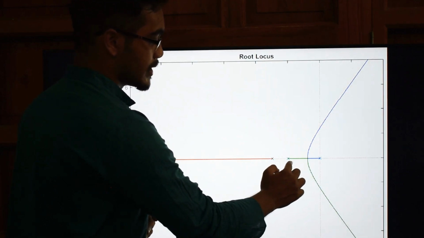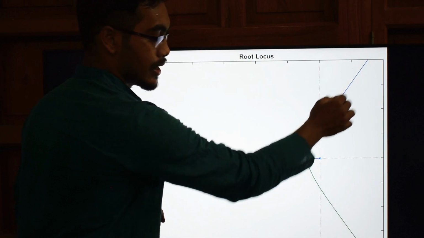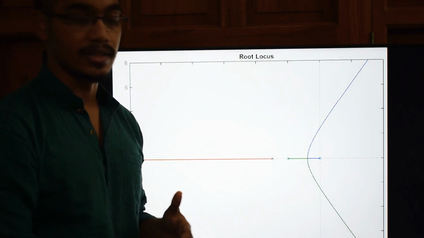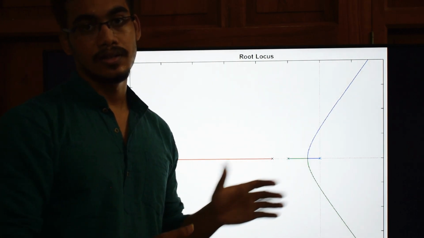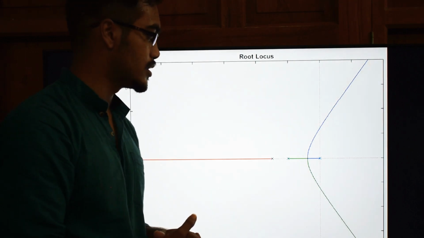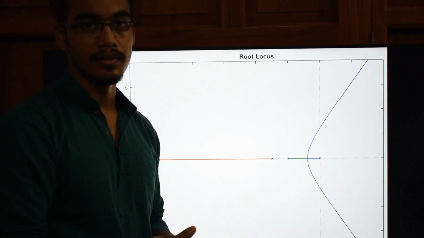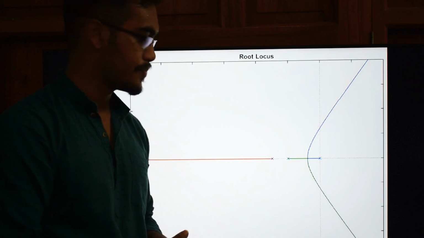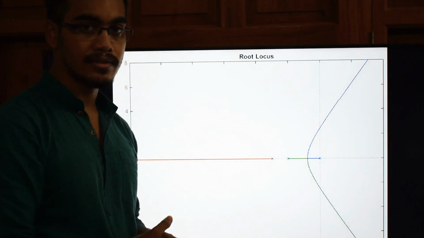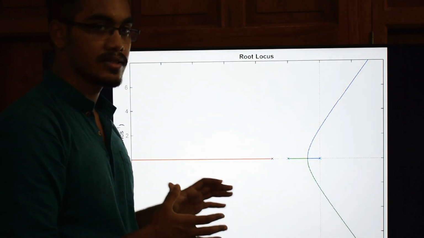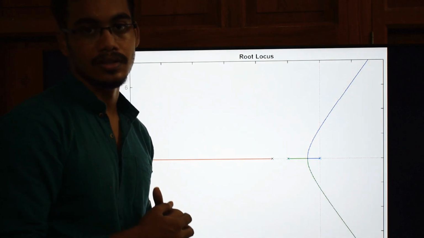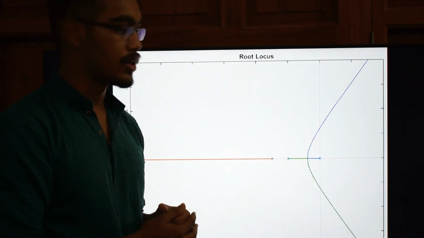But here the breakaway is happening and it is also emerging towards infinity, towards the zeros, because those are situated at infinity as there are no finite zeros. In MATLAB you can see it just like this. This is just an example, not the previous one which I did on the board.